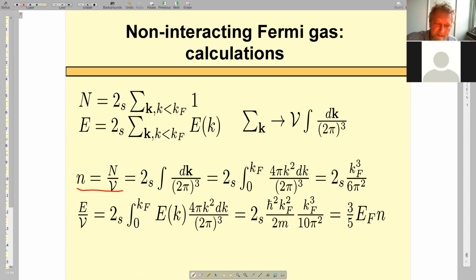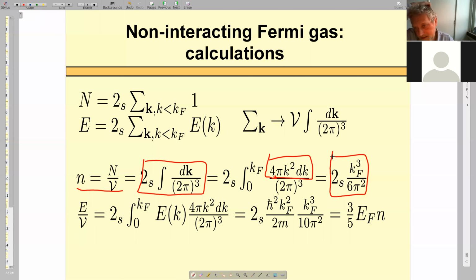Then it appears to be an elementary integral, which is most efficient to solve in spherical coordinates because it depends on the modulus of k only. So here I transform it to spherical coordinates, and I integrate over only the radius in k space. All right, here's the answer.